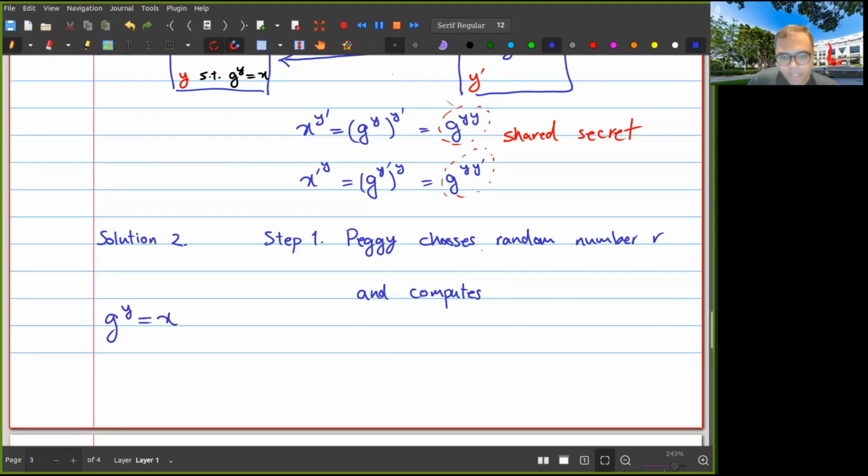So let's say Peggy chooses a random number r and computes g to the power of y plus r and sends it to Victor.